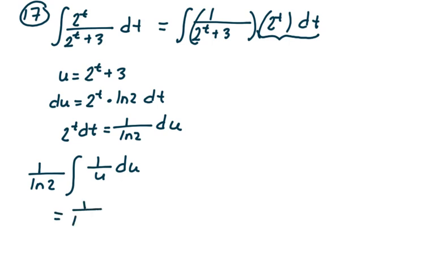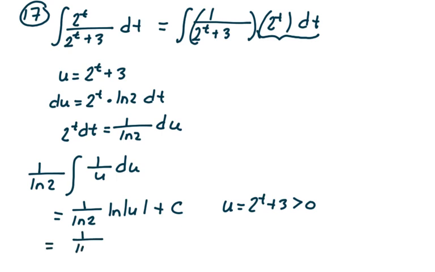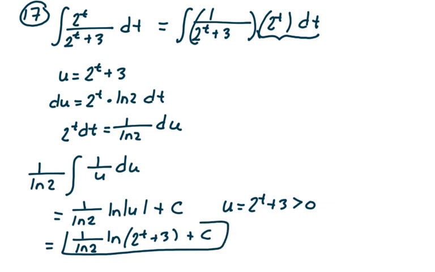And so this is 1 over natural log of 2, natural log of the absolute value of u plus c. But u is 2 to the t plus 3, which is positive for all t. And so this is 1 over natural log of 2, natural log of 2 to the t plus 3 plus c. And that was number 17.